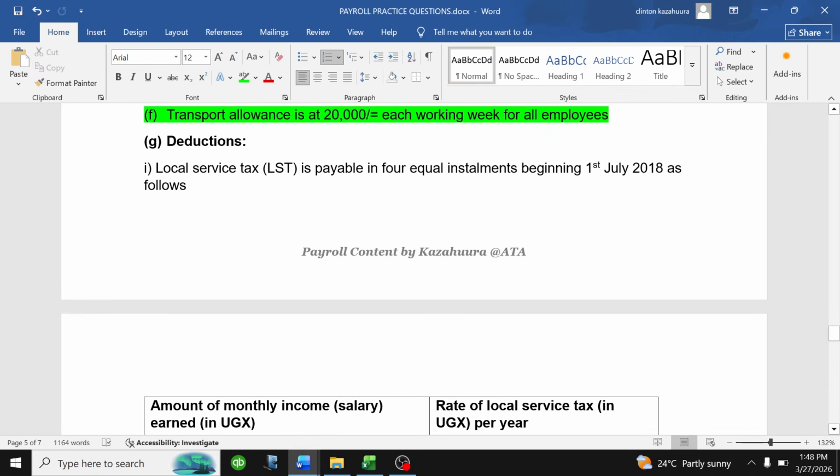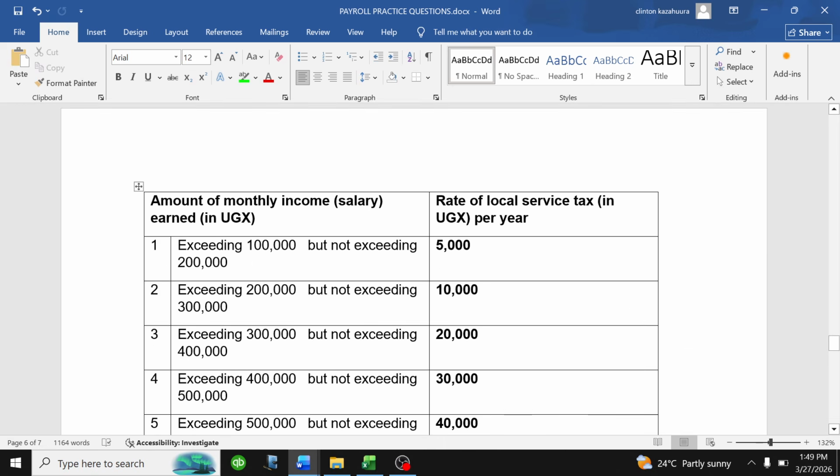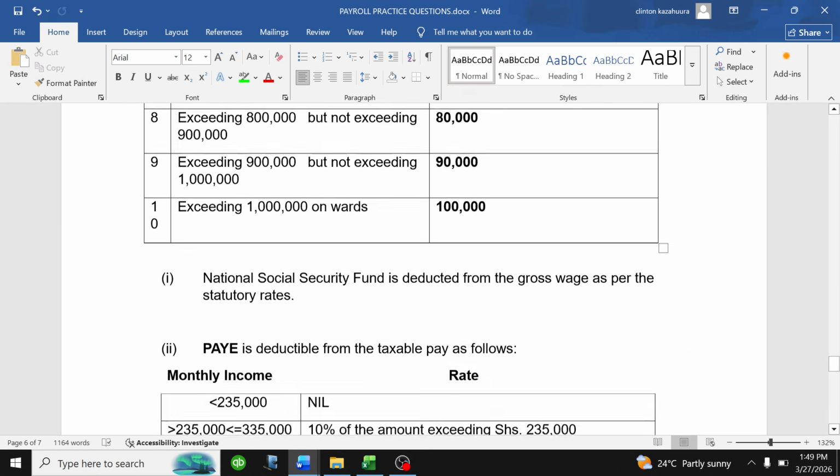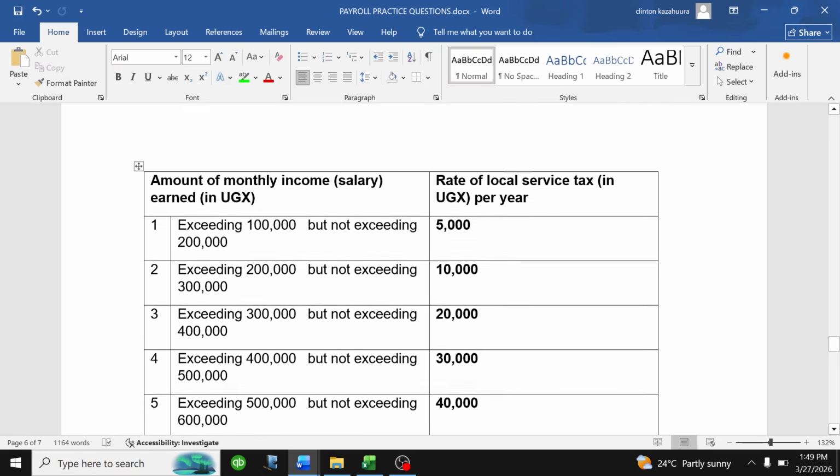These other deductions, we have local service tax. I'm not going to do this. If you want to check that, because the formula cannot change for local service tax, please you go to the first video that we did, then you can see how we enter these rates. I'm not going to repeat this, ladies and gentlemen.